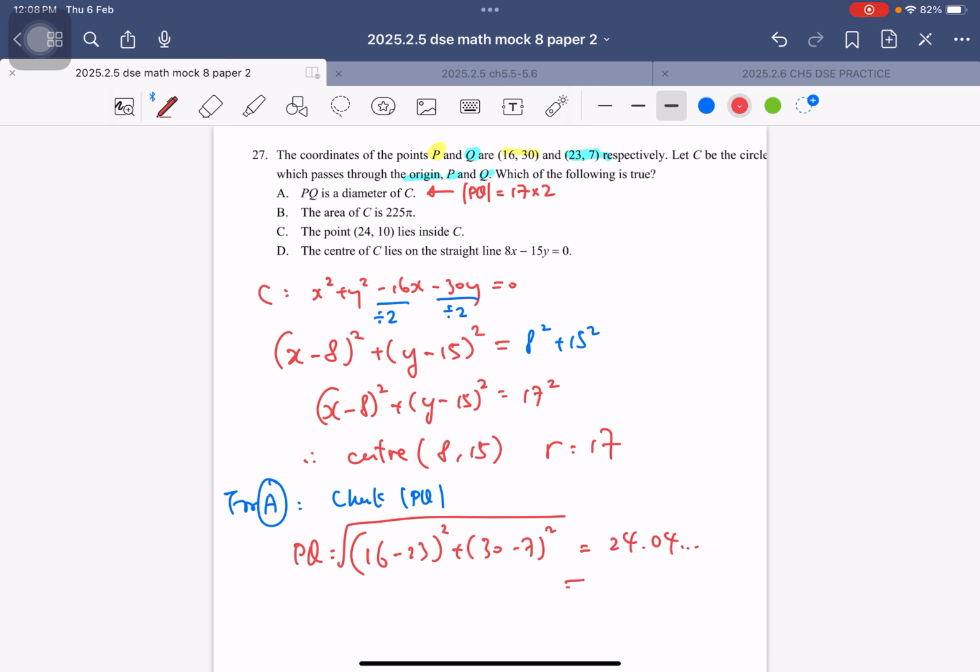Okay? So it's not equal to the diameter. The length of the diameter is not equal to 34. So A is wrong.